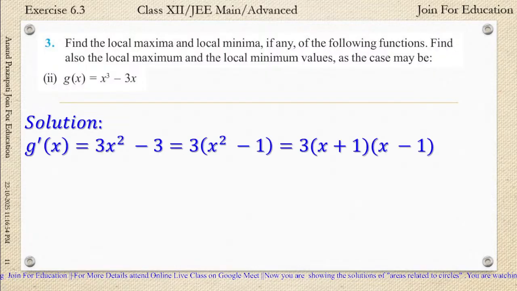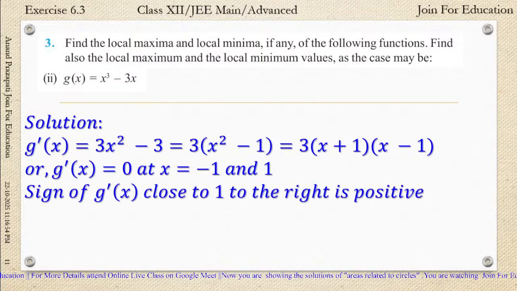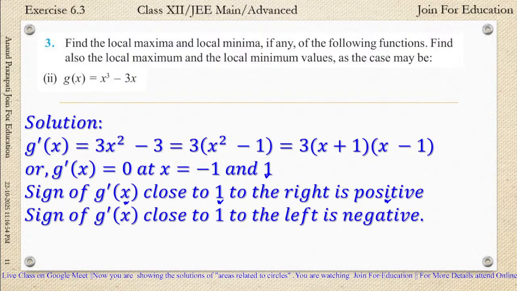Again, sign of g dash x close to 1 to the right is positive. Sign of g dash x close to 1 to the left is negative.